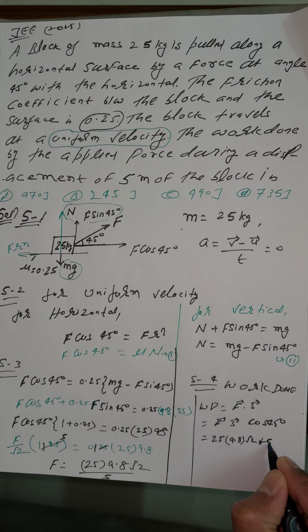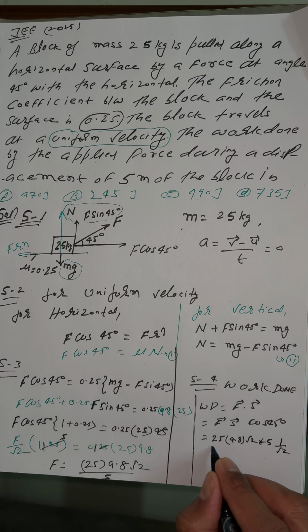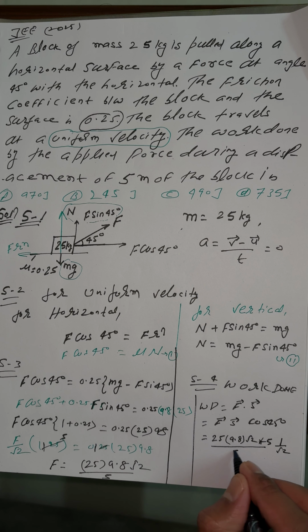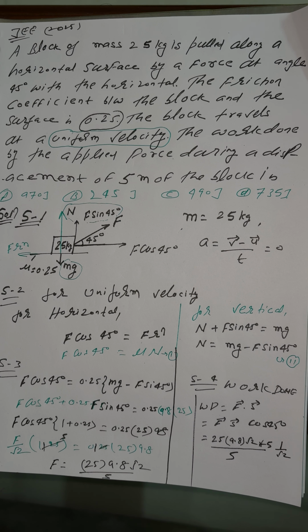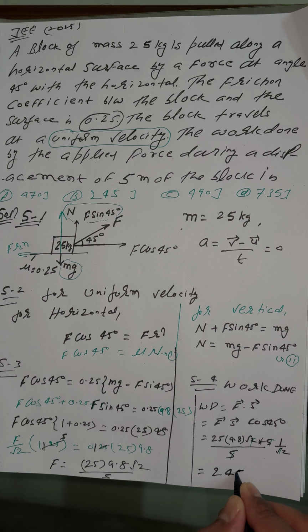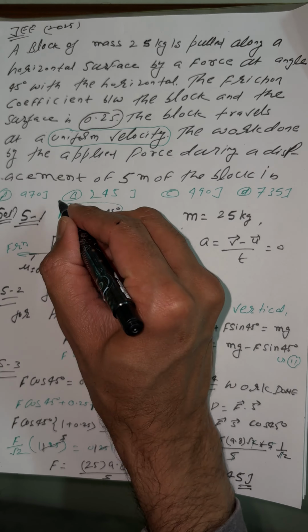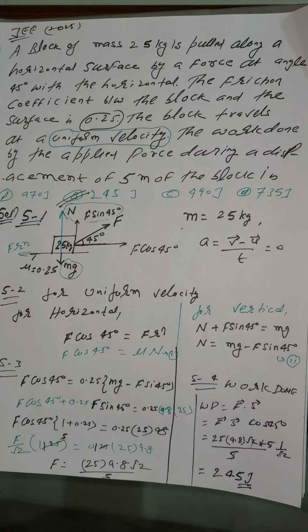So you can write as usual 5 meter, cos 45 is 1 by root 2, student. This remains 5. So we can say this is cancelled, this is cancelled. Finally, you can solve. You will get 245 joule. So what's your answer, student? You can say option number 1B. I hope you understand. Stay tuned for further updates.